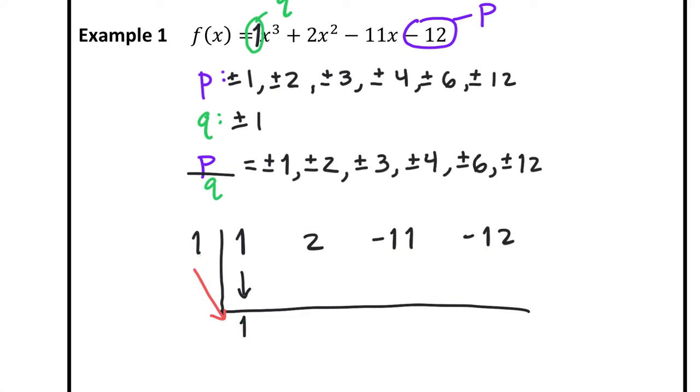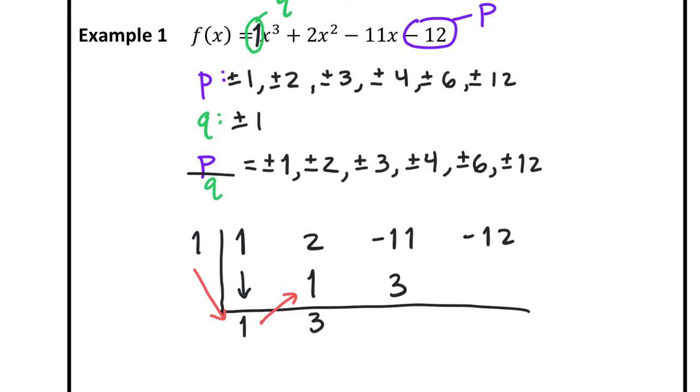That is 1. So that goes over here. Then what's 2 plus 1? It's 3. And then we're going to do what's 1 times 3?